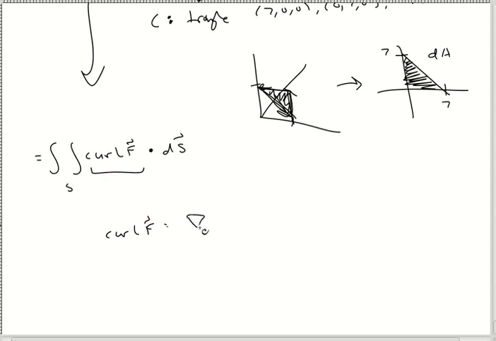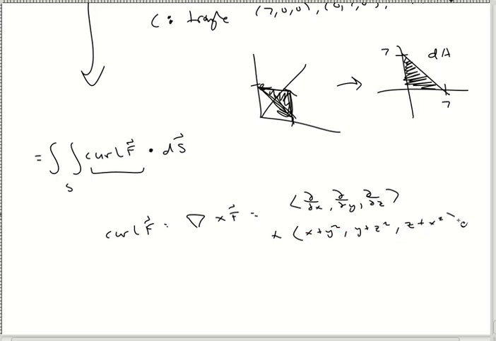So that's going to be grad cross f, and so then I've got del del x, del del y, del del z cross, and then I got this f vector. Here we go, x plus y squared, y plus z squared, z plus x squared.